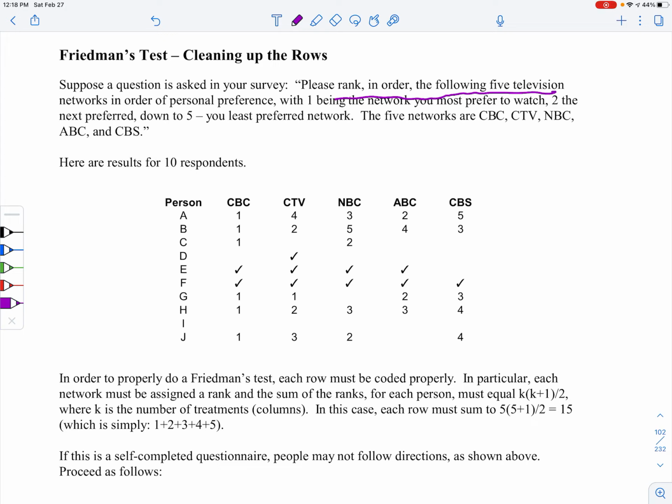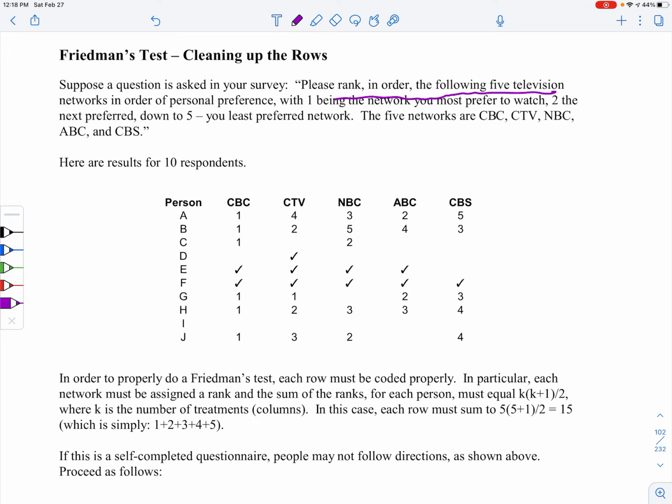By the way, that's a great way of writing the actual question there. And so the 5 networks are going to be CBC, CTV, NBC, ABC, and CBS. All right. So we've got the first 10 respondents look like this.